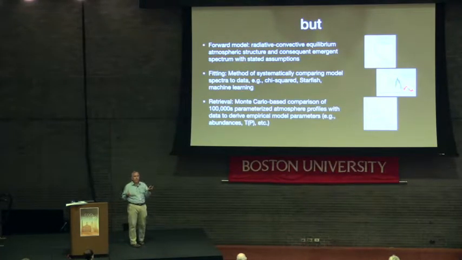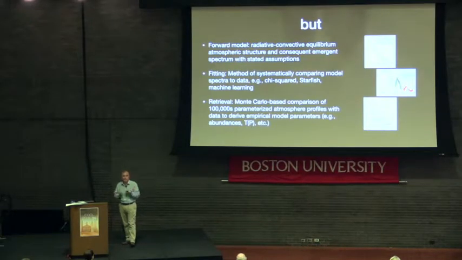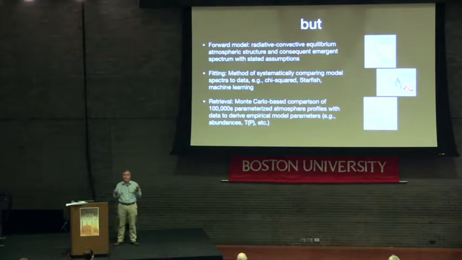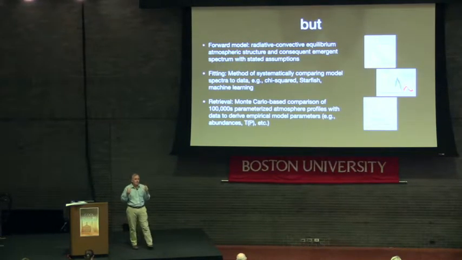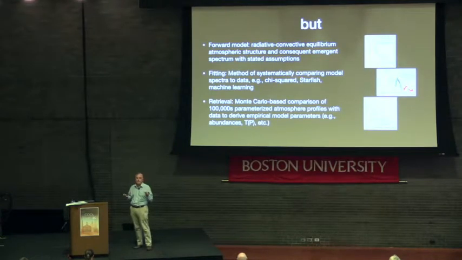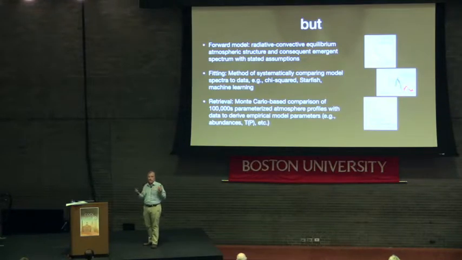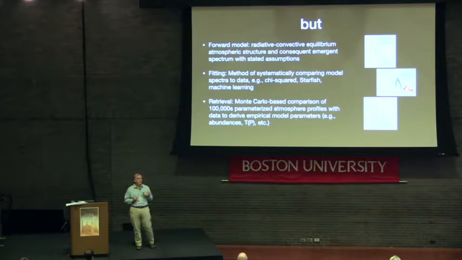Fitting methods can be as simple as chi-squared, which, as Mike Cushing showed over a decade ago, is very challenging for brown dwarfs, or using very new sophisticated techniques like machine learning or Starfish, which I'll talk about, to try to choose which is the best grid model that best describes an atmosphere. And finally, by retrievals, you mean the efforts to use tens of thousands, hundreds of thousands, millions of simplified, parameterized temperature profiles to predict spectra with various abundances, compare that to data, and then to try to extract empirical model parameters.